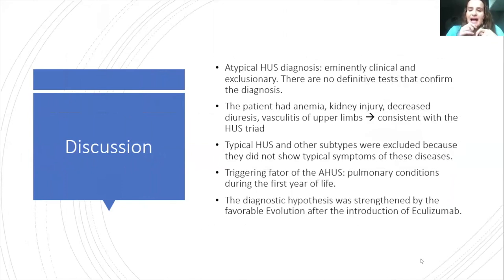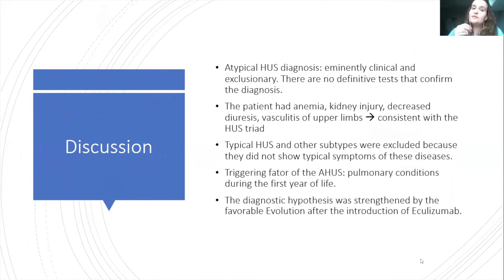Atypical hemolytic-uremic syndrome diagnosis is clinical and exclusionary because there are no definite tests that confirm it. We observed that the patient had anemia, kidney injury, decreased diuresis, and vasculitis of the upper limbs. This is consistent with the hemolytic-uremic syndrome triad.